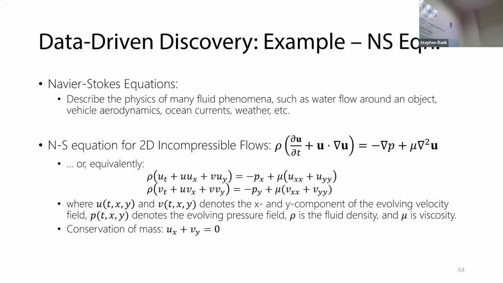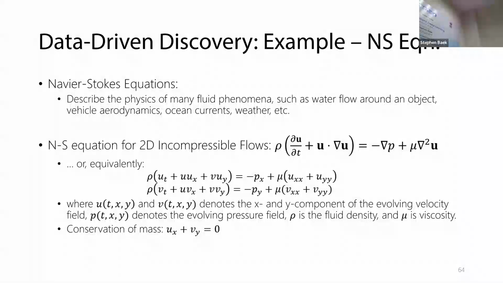The rate of change of the x velocity is somehow governed by the velocity gradient, right? So the gradient of the x velocity in the horizontal direction, the gradient of the x velocity in the vertical direction, and then the dot product between the gradient and the current velocity. So that's what's called the advection term.